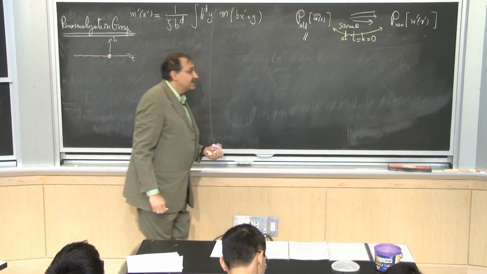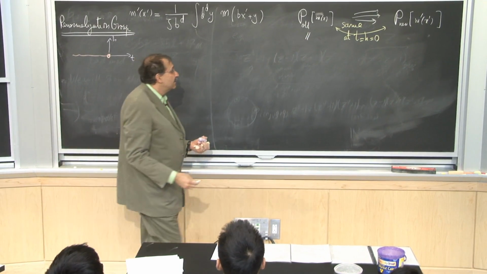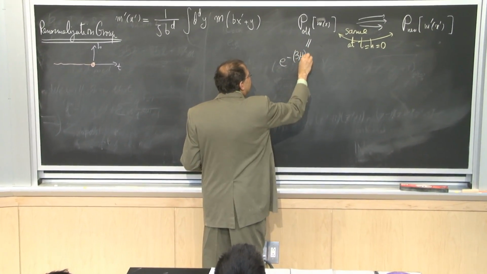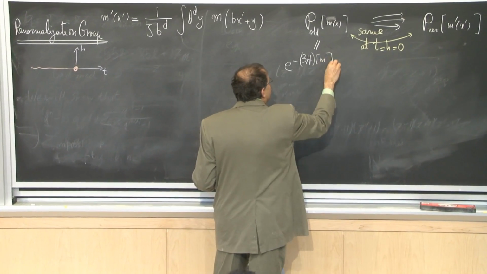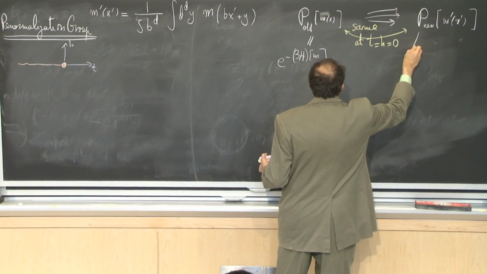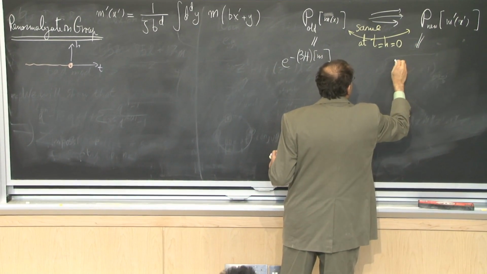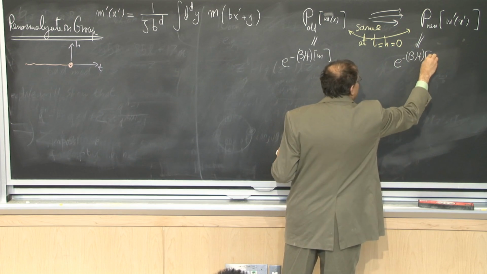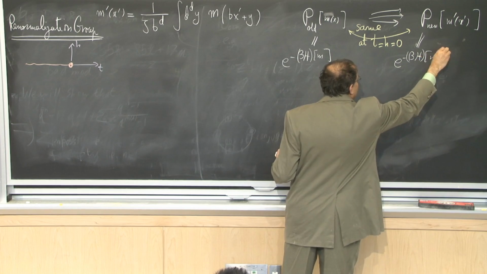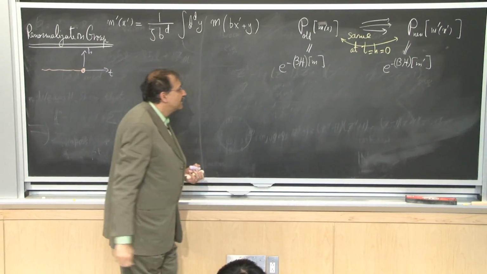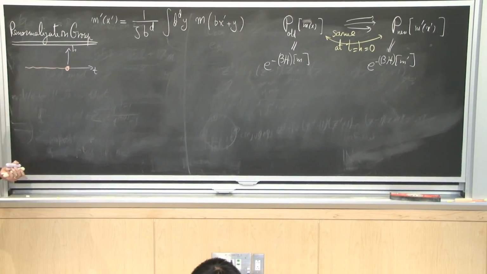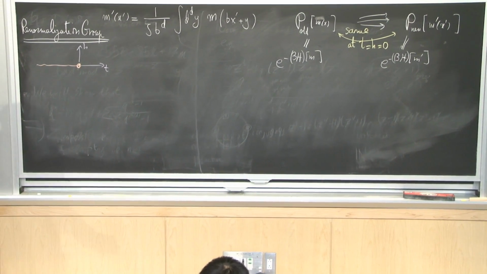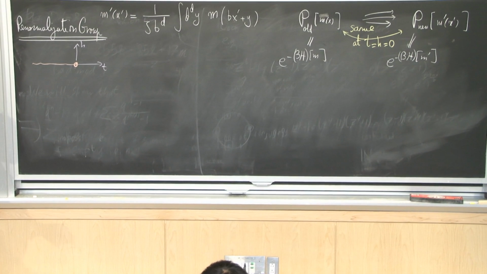If I were to take its log, for example, I can construct some kind of a weight that is associated with M, and this would be a new weight that is associated with M prime. Presumably, right at the critical point, these two would be the same weight, and it would be the same Hamiltonian.